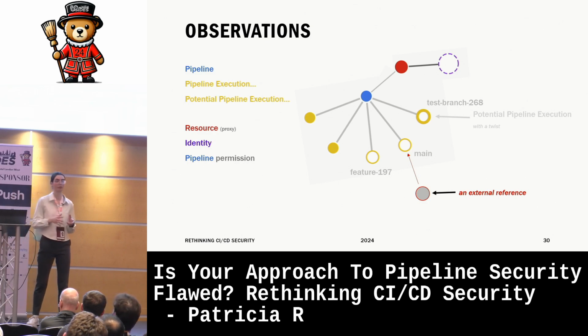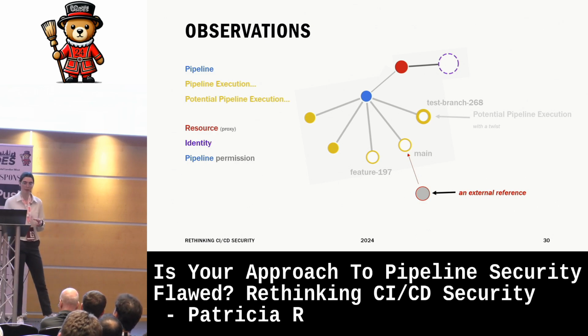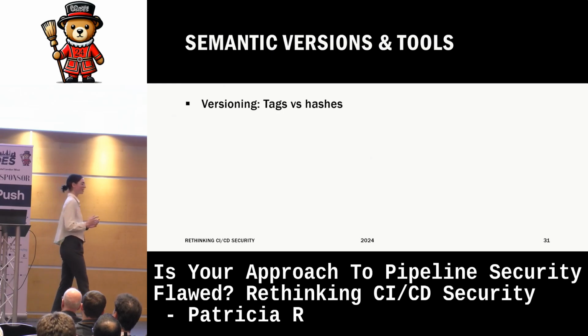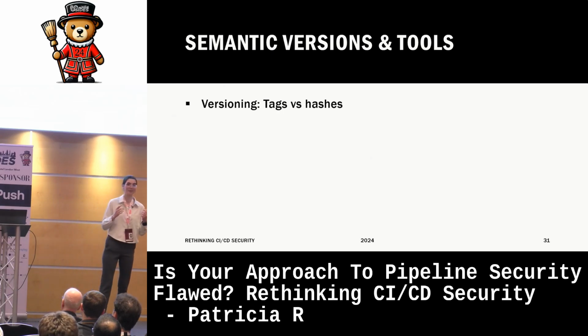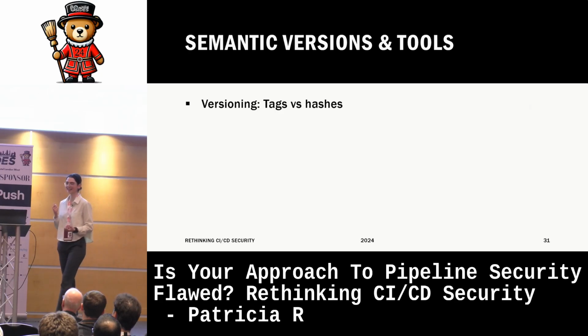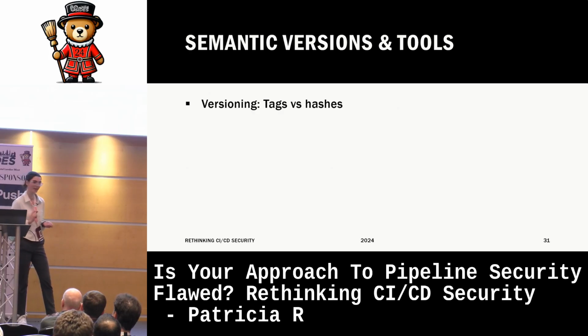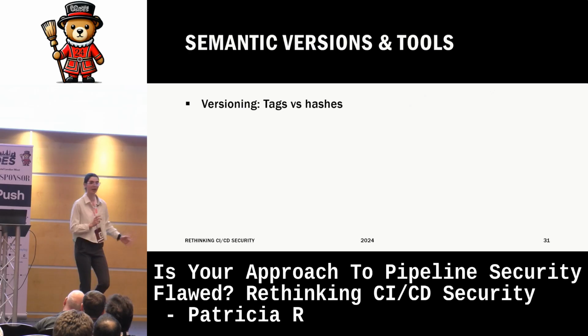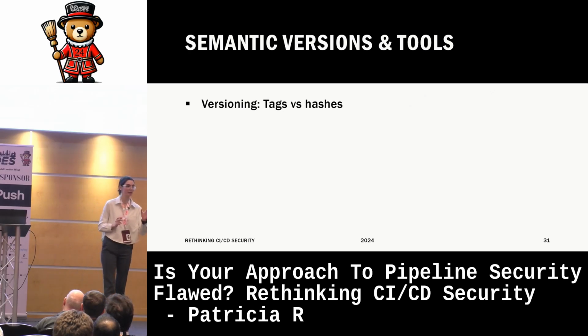that pipeline definition file. And I'm going to exemplify this with two use cases. The first one is about semantic versioning, and I really like to talk about this because it does mess with my brain a little bit, because the security person in me is saying, oh, we need to use hashes because that's the only way we can be sure we are using a specific version.